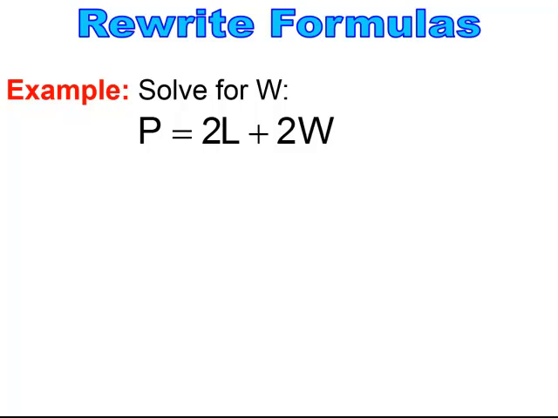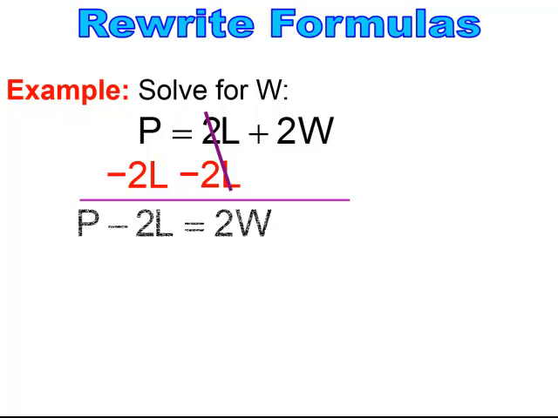So you want to make sure that you know what the inverse operation is. And in this case, it's not attached to the W, and because it's not attached, we're either adding or subtracting, and we're adding, so we're going to end up doing the inverse of addition, which is subtraction. So I subtract it from both sides. That's going to remove that from the side where the W is and put it to the P side.